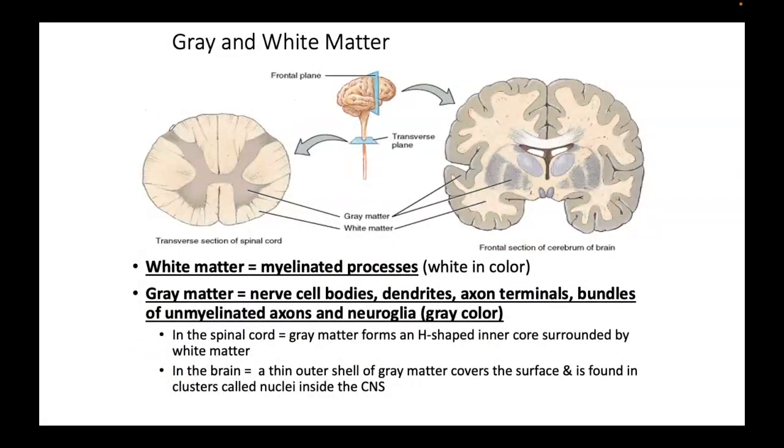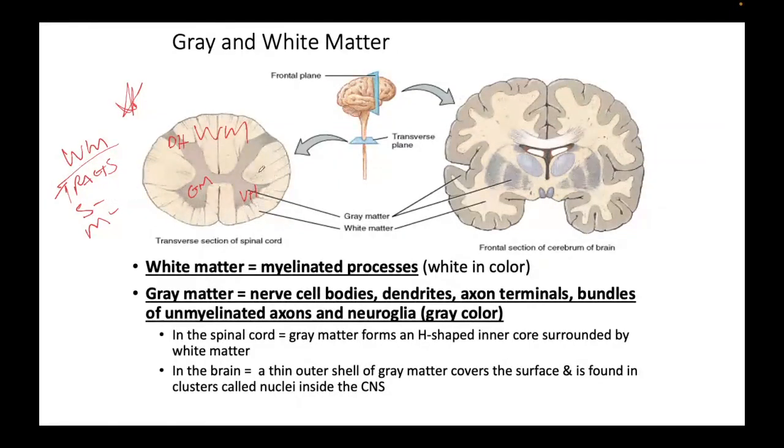When we look at the spinal cord on the left, remember the gray matter is the butterfly or the letter H, and the white matter is on the outside. So this is all white matter, and on the inside is gray matter. Back here are the dorsal horns, and in the front, ventral horns. The white matter is where we have all of your sensory tracks and all of your motor tracks.